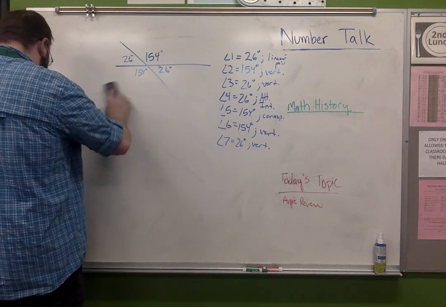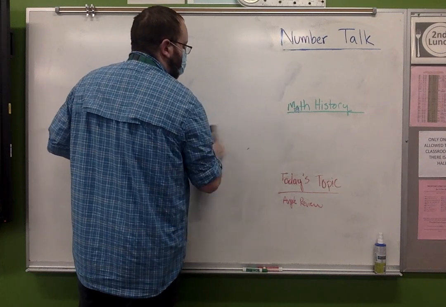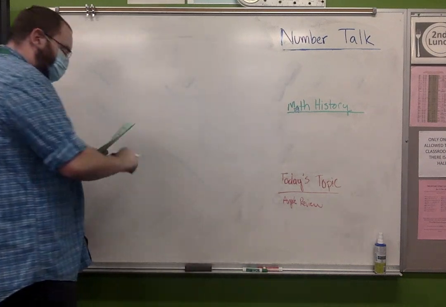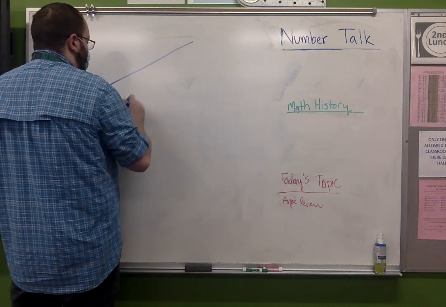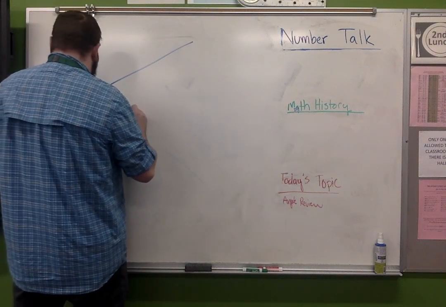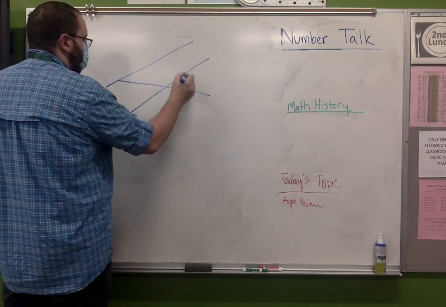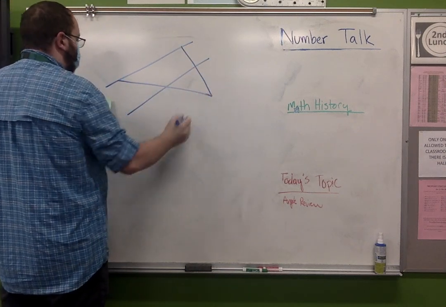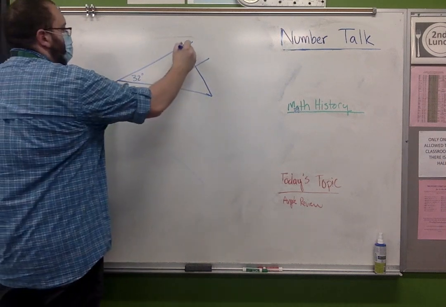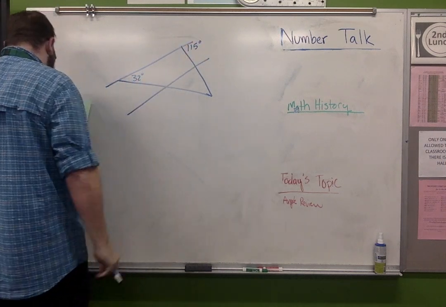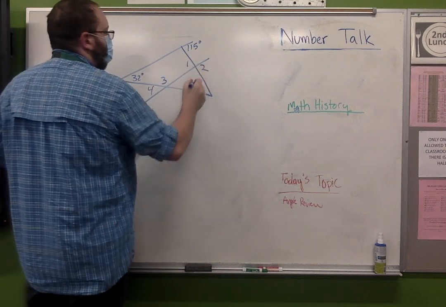All right, let's go to the third page here. We have some parallels. We have this and this. This is 32 degrees, 115 degrees, angles 4, 3, 1, 2.